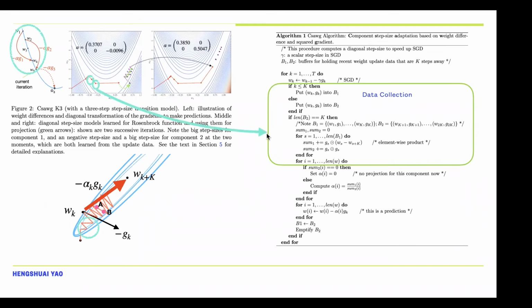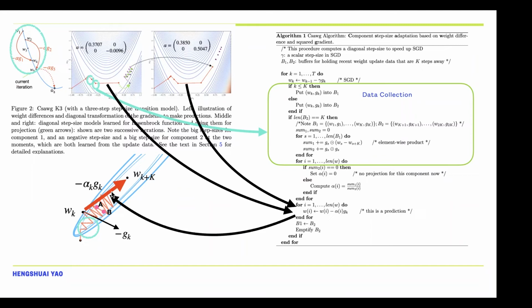And the red solid line corresponds to the planning procedure, projecting the gradient with the diagonal matrix. This appears everywhere along the red solid line. And this is exactly the red arrow as we explained in this figure.